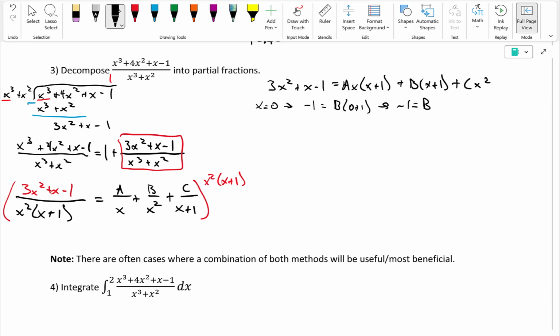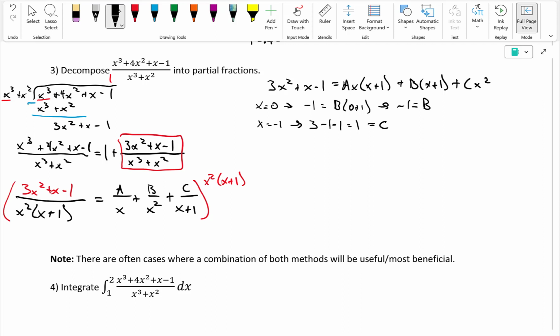And then our other 0 here is negative 1. If we sub that in, we get a 3 times negative 1 squared, which is 3, minus 1 minus 1, which is 1, equal to, on the right side, the a term is gone with the negative 1 plus 1, and the b term is gone, and we're left just with c, so c is 1.